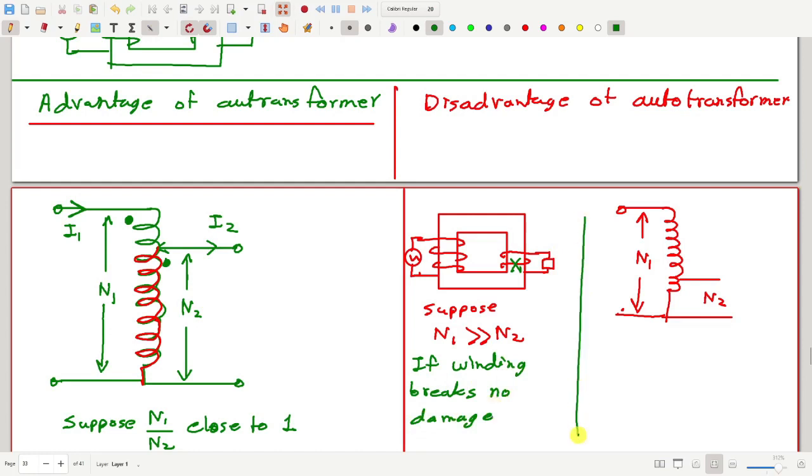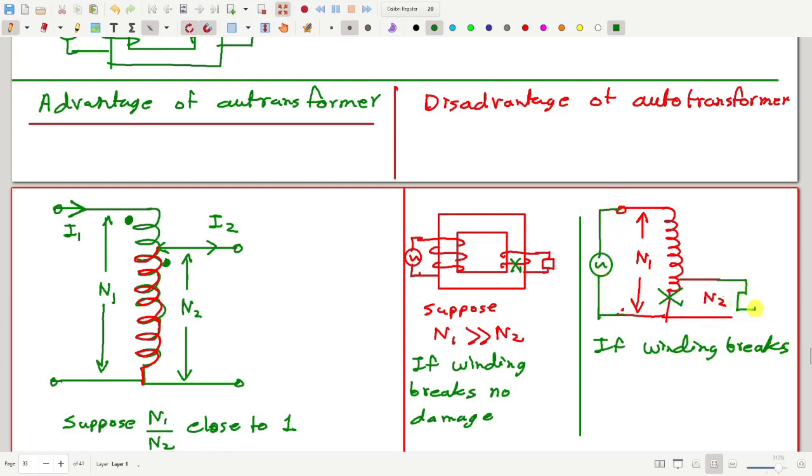But now you see what happens for an auto transformer. Suppose here there is a break. If the winding breaks in this region, and here I have the source, here I have the load, now this part is gone, broken, disconnected. Now what happens to the load?